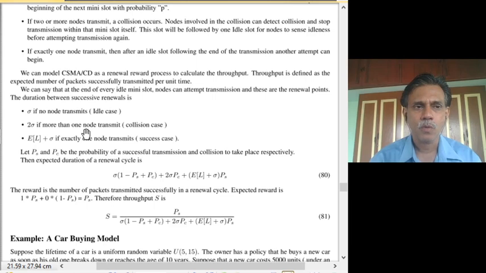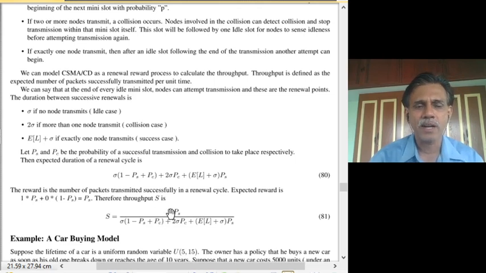Again, it is 0. Only when one node transmits is it a successful transmission. So, the expected number of successful transmissions is just 1 into probability of success plus 0 into probability of idle plus 0 into probability of collision, which we will ignore. So, we will just write it as 1 into PS.